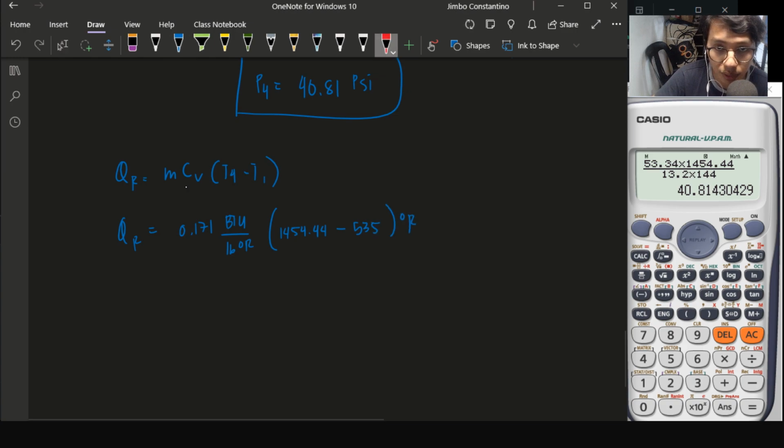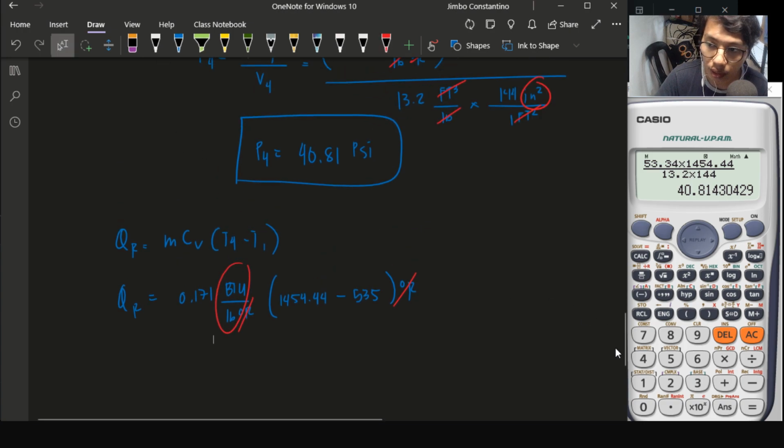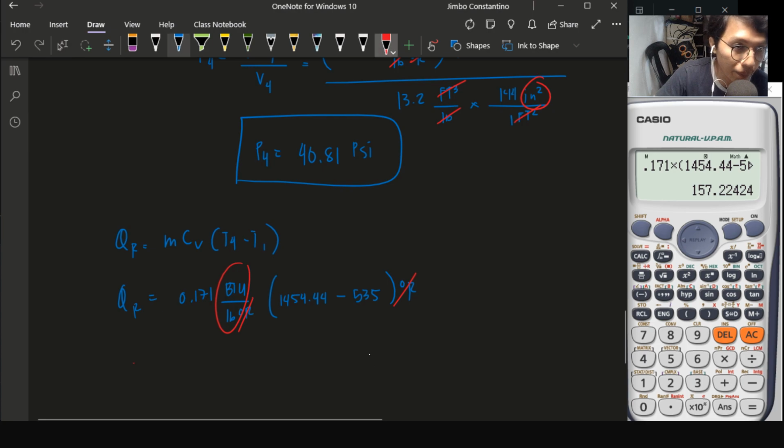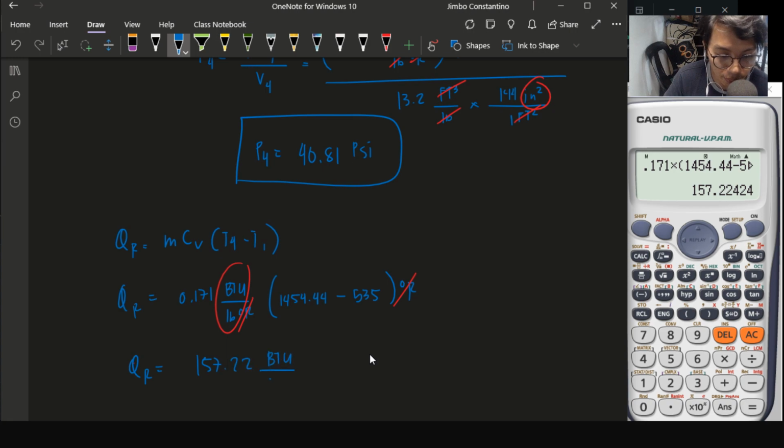Cancel all the same units yung Rankine, natira BTU per pound. Okay. 0.171 multiplied to 1454.44 minus 535. Sir, bakit 535? 75 plus 460. That is, QR is 157.22 BTU per pound.